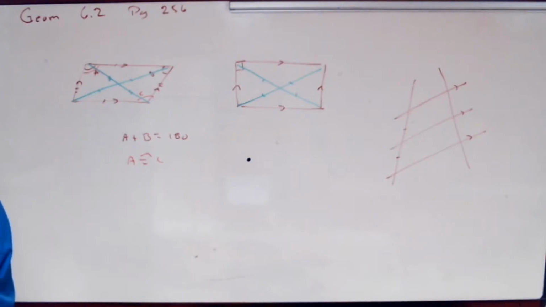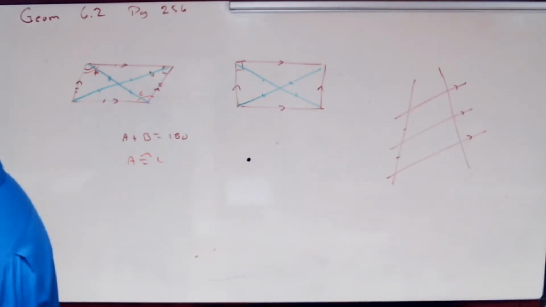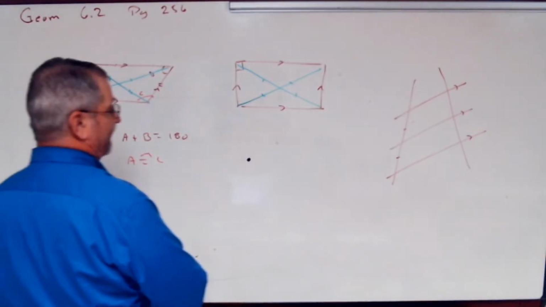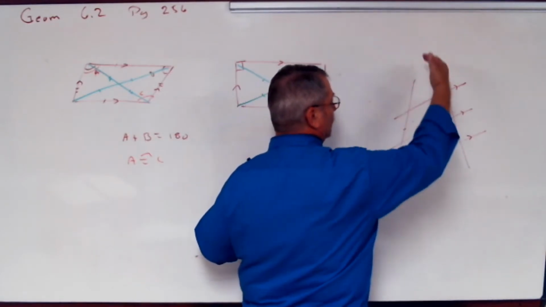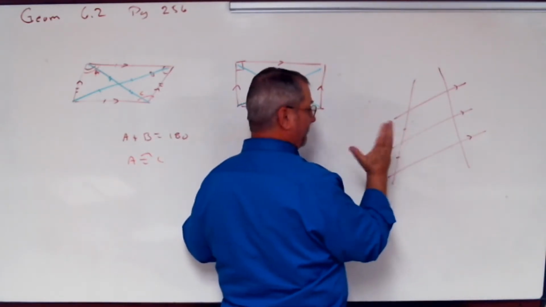Next, turn the page here. Concurrent division of transversals theorem. It says if three or more parallel lines divide a transversal into congruent segments, they divide every other transversal into congruent segments. What this is saying is this: we have three parallel lines and two different transversals that are not parallel or anything else.